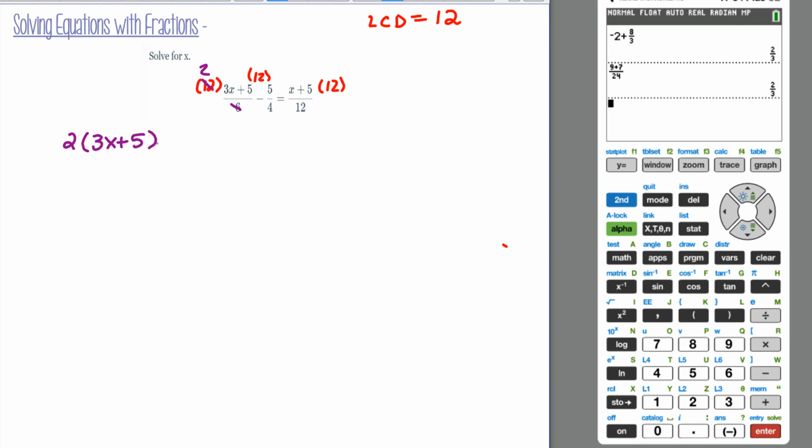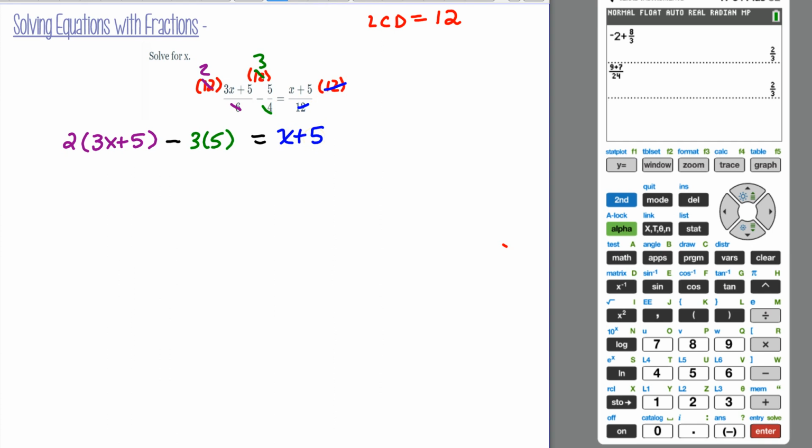I did get rid of my denominator, which is the goal. Subtraction sign. 4 goes into 12 3 times. So I have 3 times 5 equals 12 goes into 12 once. I'm left with x plus 5.